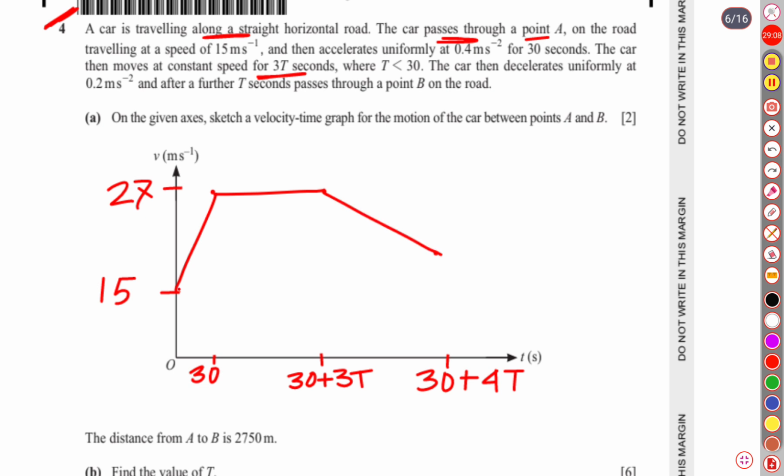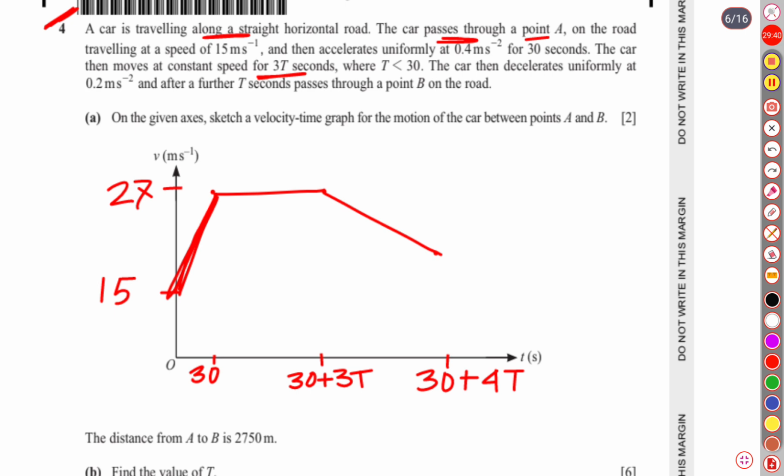Everywhere there was uniform acceleration, uniform velocity or uniform deceleration. That's why every part will be a straight line. Remember, there should be no curve, because this was uniform acceleration, uniform velocity and uniform deceleration. Please note that a curved line is for non-uniform motion. If there is variation in the velocity or acceleration, then there is a curve.